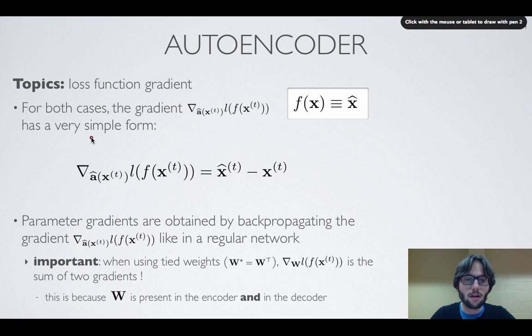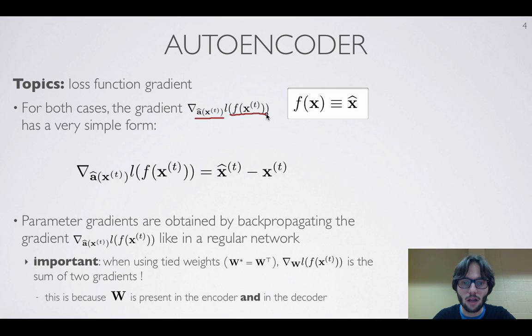It turns out then that if we use either of these two loss functions, so the cross entropy with a sigmoid activation function or the squared difference using a linear activation function, then in both cases the gradient of the loss with respect to the pre-activation at the output layer is just going to be the difference between the reconstruction and the input. Here I added the t because you imagine you'd be computing this gradient for different inputs.